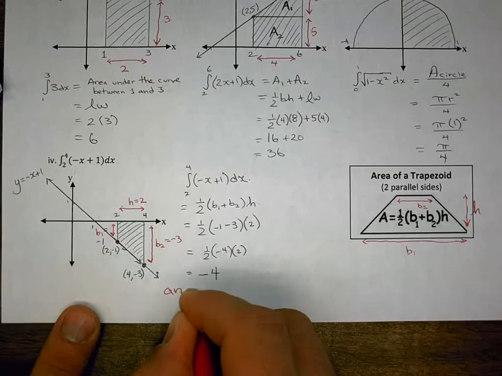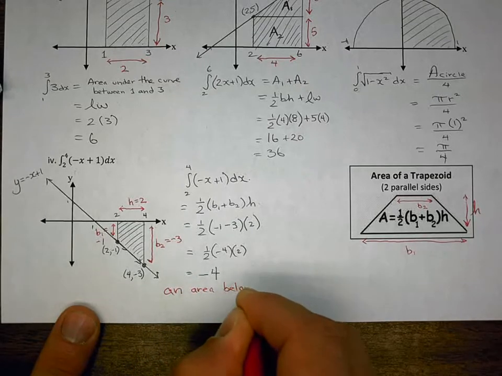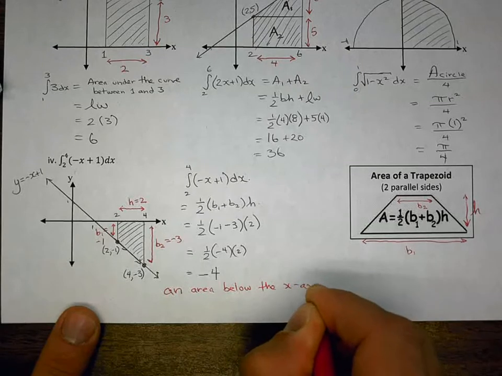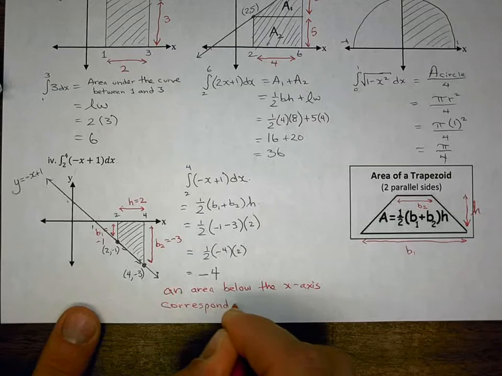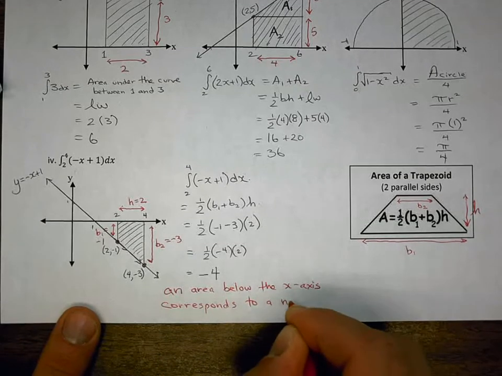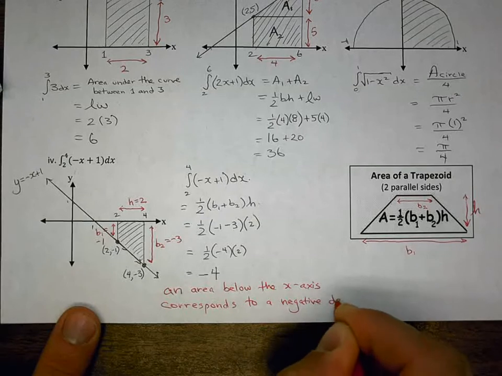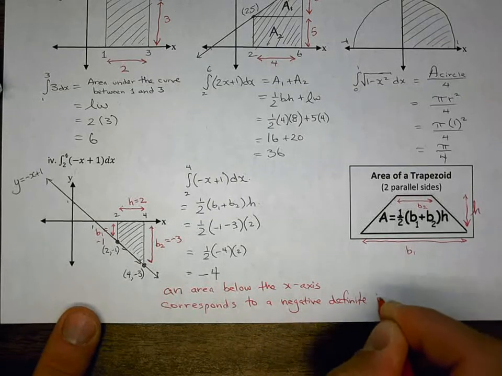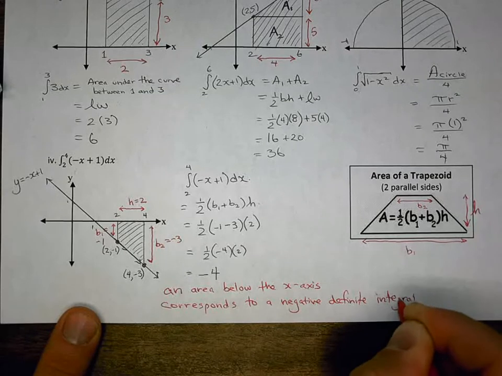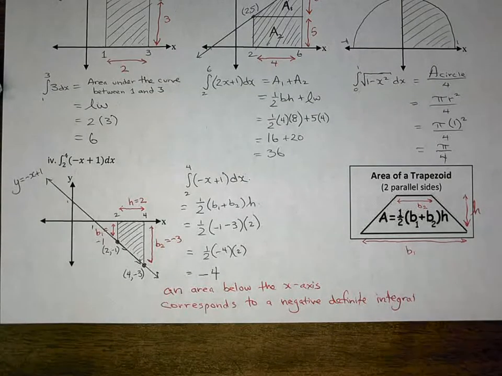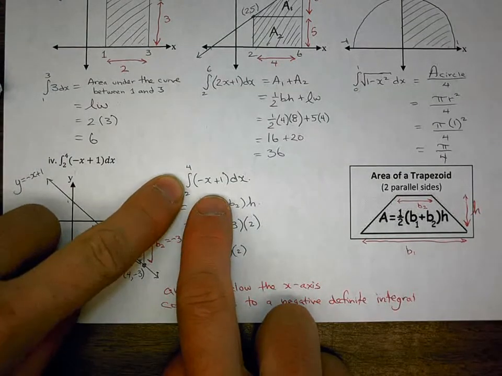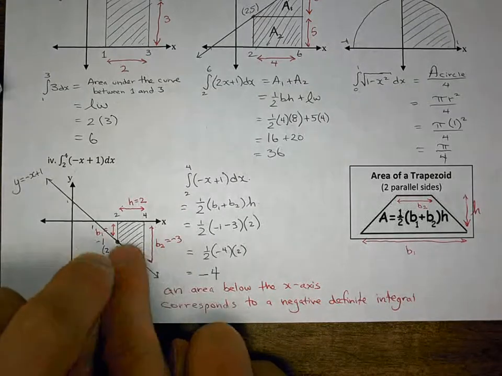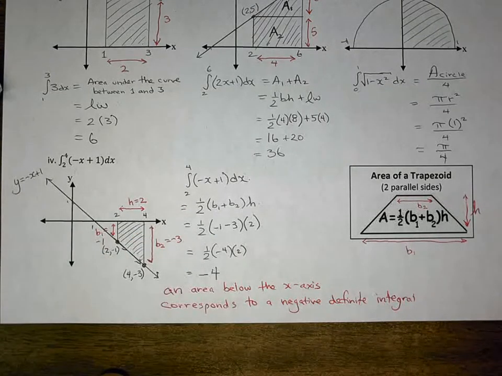So let's make a note of that: an area below the x-axis corresponds to a negative definite integral. That's an important distinction. So if someone asks you this, the answer is negative, because when you draw it out, it is below the axis. Okay, let's turn the page.